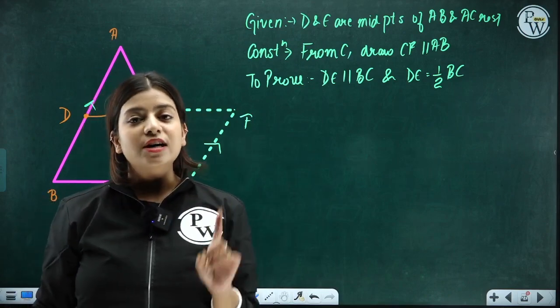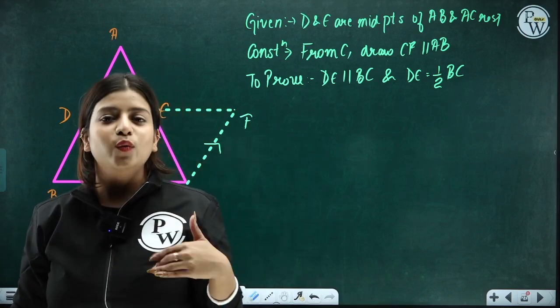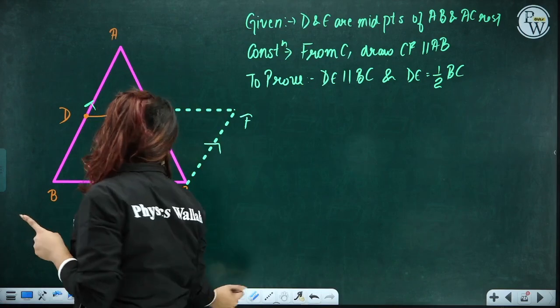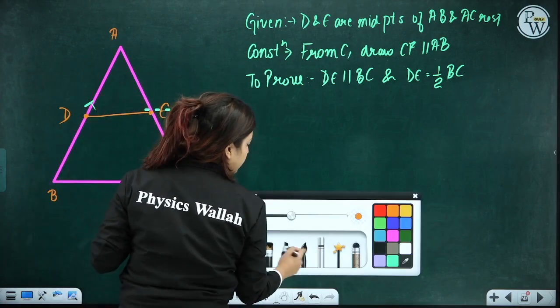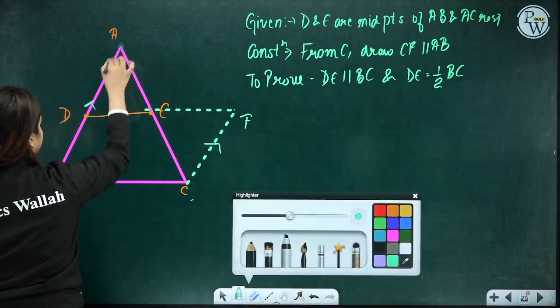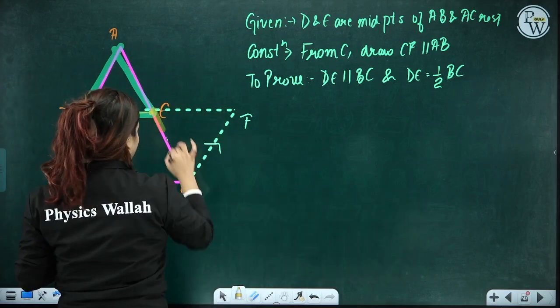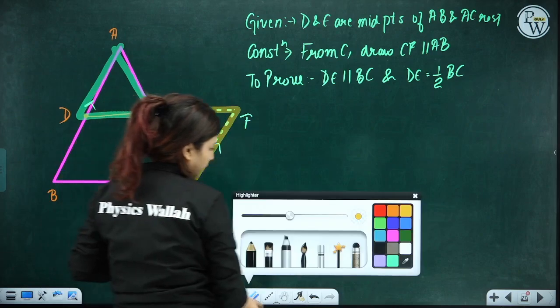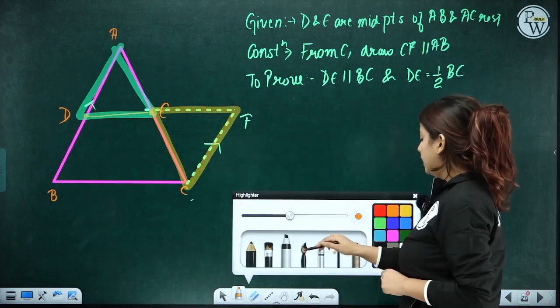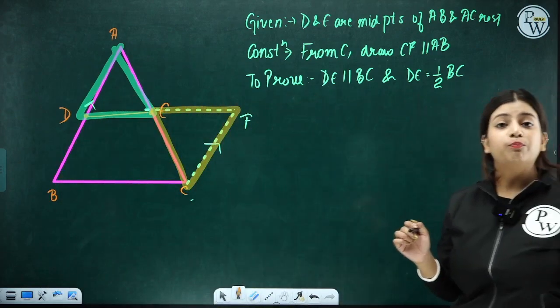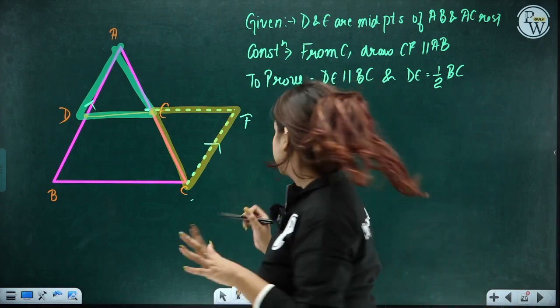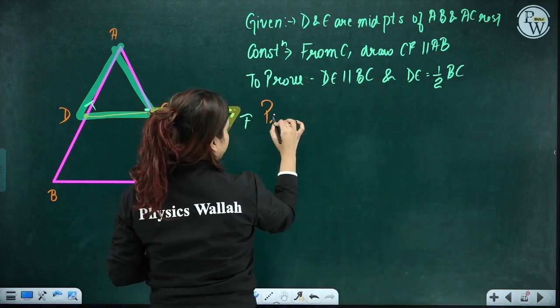The very first motive for proving this theorem is to take these two triangles. Which two triangles, students? Take these two triangles: one is triangle ADE and the other one is this triangle CEF. Now, in both of these triangles, you have to do what? Prove the congruency. Let's start with the proving.